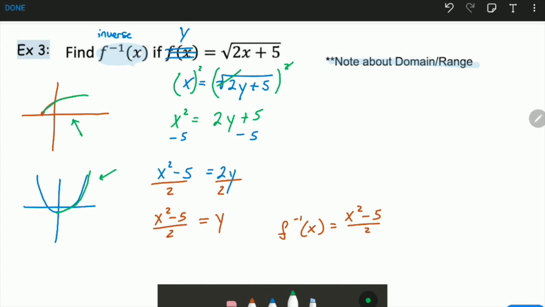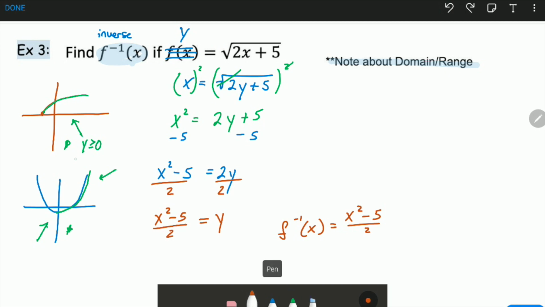So we have to restrict the domain of this inverse, this quadratic function, to match up with our square root function. So in order to do that, since the domain of the inverse, which is what we need to restrict, corresponds to the range of the original, we'll look at the range of the original, which is going to be y greater than or equal to 0. If we use our transformations, there's no addition, subtraction, or anything outside, so it will have the same range as the basic function.